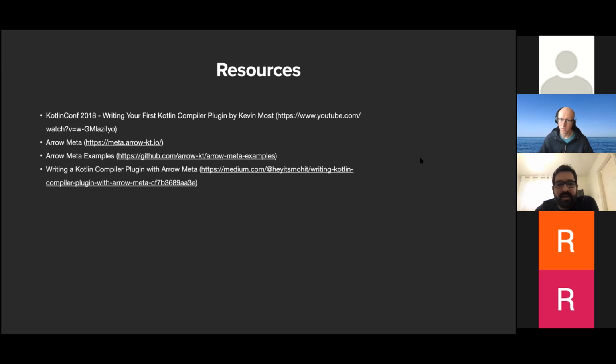As I was mentioning, the Parcelize tool is also a compiler plugin. Also there's one called NoArg, which creates a no-arg constructor, which is needed for some tools. Android Kotlin extensions. And are they written with Arrow Meta or the other way?